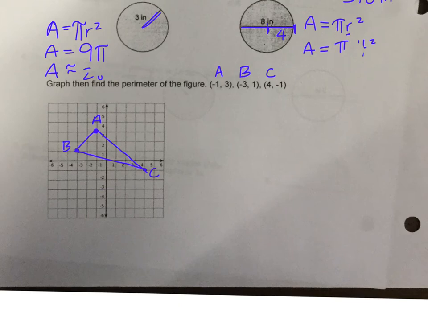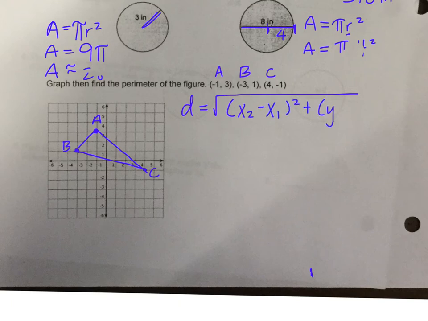So in order for me to figure out the length of the sides, I'm going to have to use the distance formula. We did that in our last unit. D equals the square root of x2 minus x1 squared plus y2 minus y1 squared.